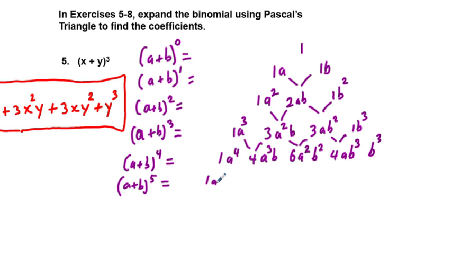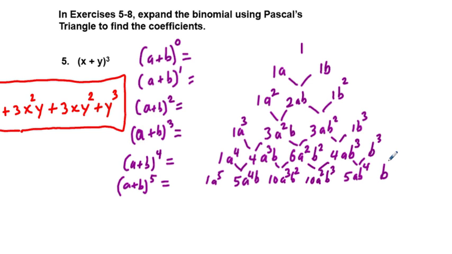We're going to have 1A to the 5th, and we're going to have 1 plus 4, which is 5 A to the 4th B, 4 plus 6, 10 A to the 3rd B squared, 6 plus 4, 10 A squared B cubed, and 4 plus 1, which is 5 A B to the 4th power plus B to the 5th power.